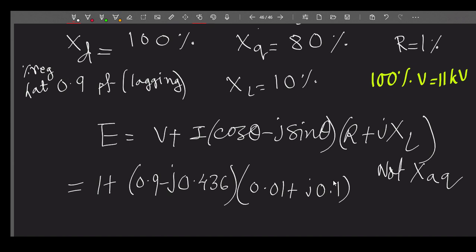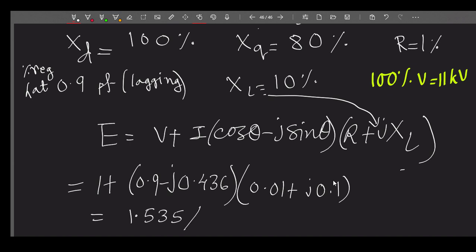It is XL. So XL and R. So this gives us how much? It is 1.535. You will figure out why we need these two separate pieces of information. 27.8.